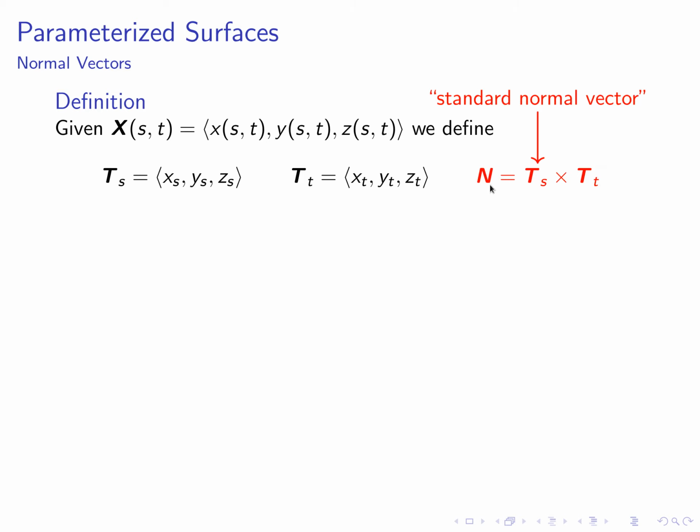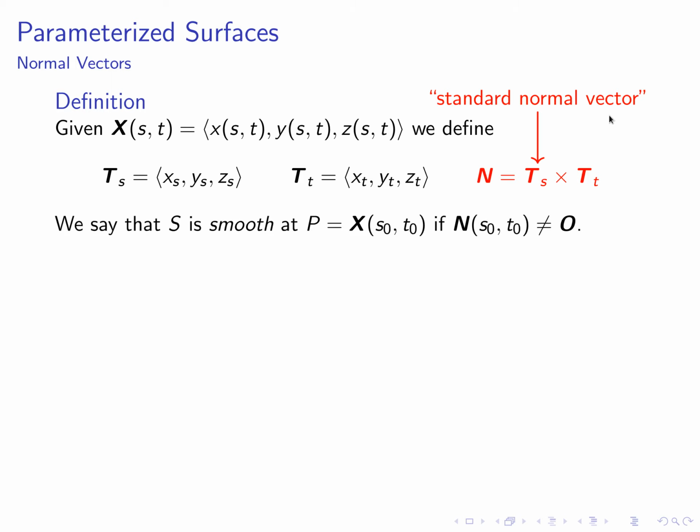Now, this bold n is a very important vector, and it will be sticking with us for the rest of the course. This vector is called the standard normal vector. This scheme allows us to introduce adjectives that describe surfaces.